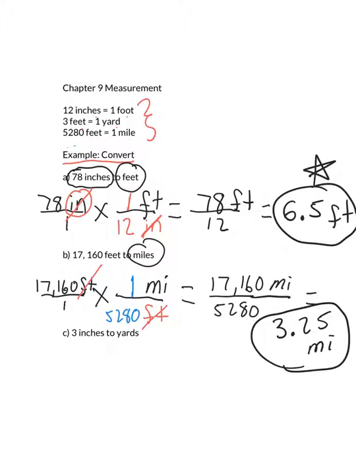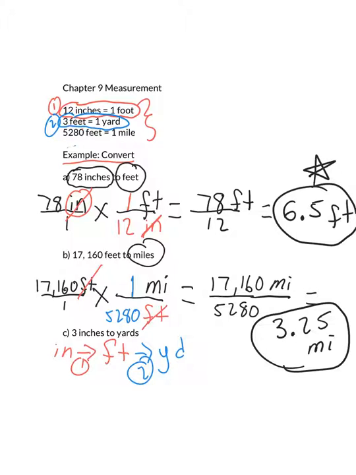But as I game plan this out, what I could do is go from inches to feet by using equation 1. And then once I have it in feet, then I could go from feet to yards using equation 2.